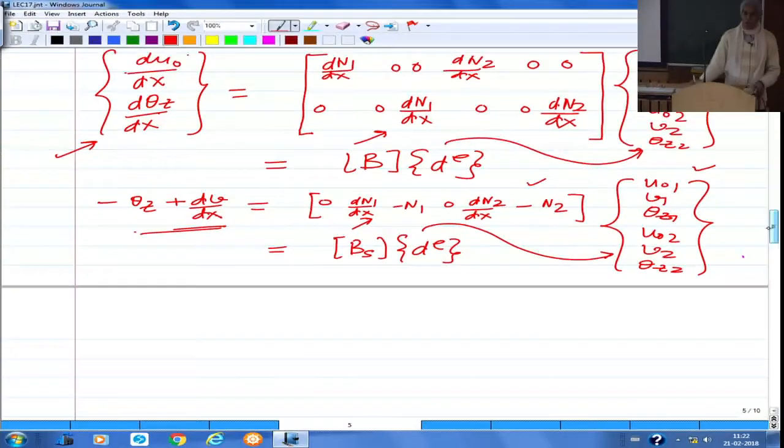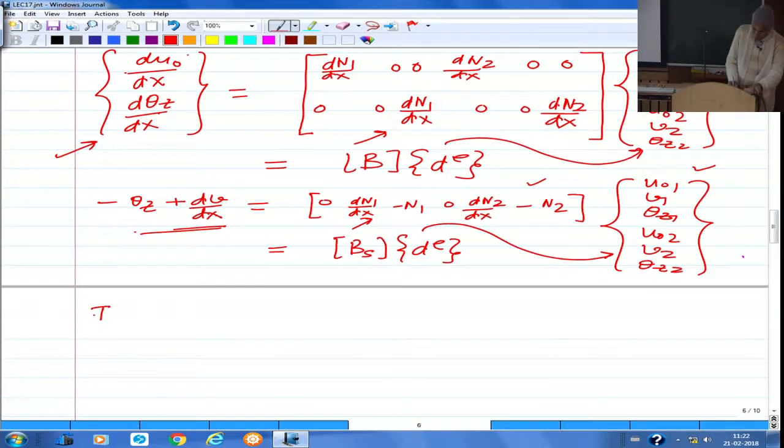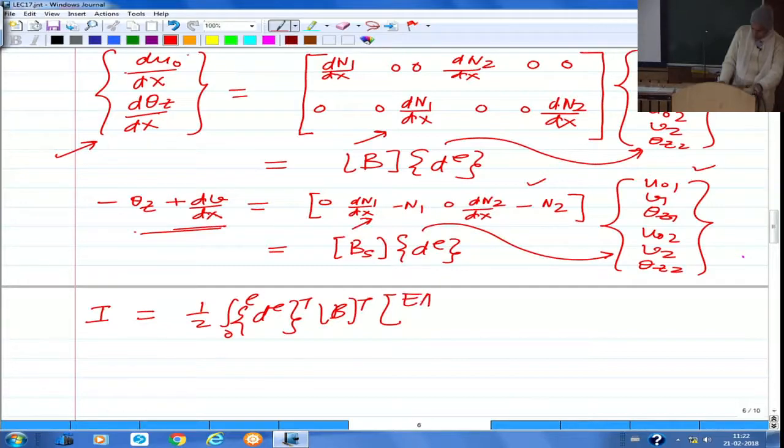Now once we define these matrices, you can substitute all of these in your integral functional. So finally you have your integral functional I as half of integration 0 to L. You will have d transpose B transpose into this matrix in between, EA 0, 0 and EIzz. You can actually derive it yourself.